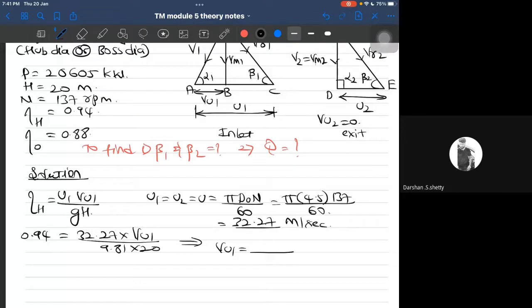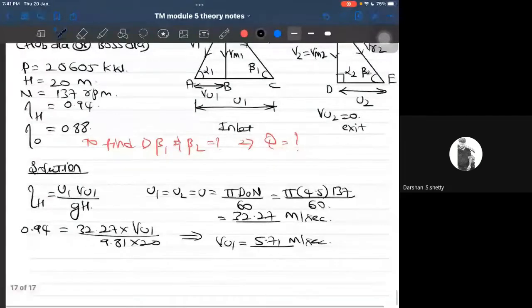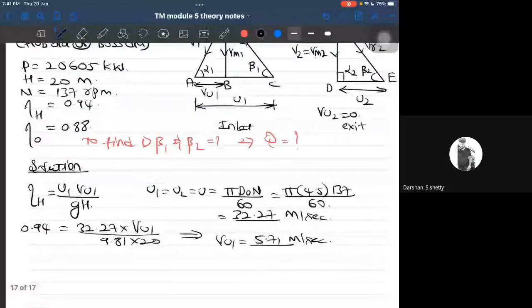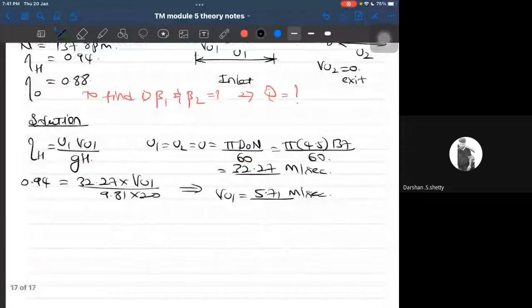Once the value of VU1 is calculated, we can use tan beta 1, isn't it? See, in order to get beta 1, we will apply tan beta 1. Tan beta 1 is what?